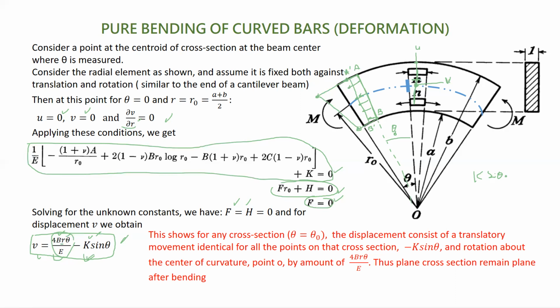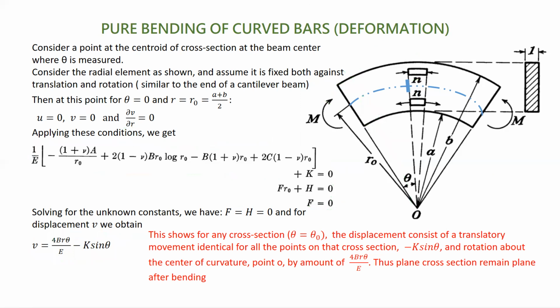Therefore, let me clear the picture here and redraw these. Therefore, any cross-section, such as this one, will move to a new position according to the second term, parallel to itself, and according to the first term, will rotate to a certain degree.